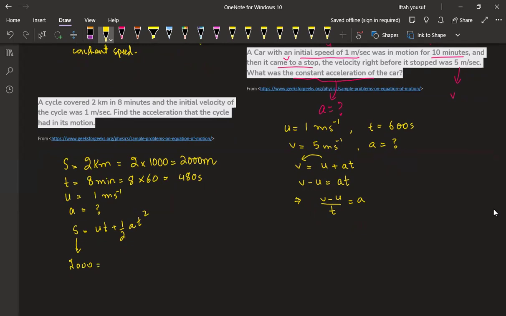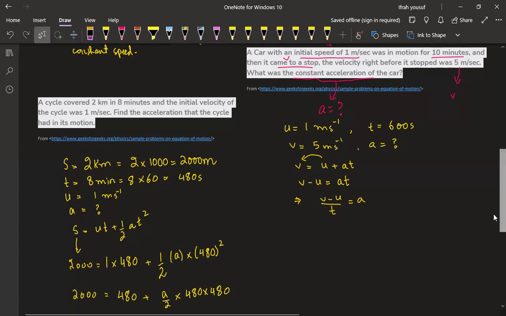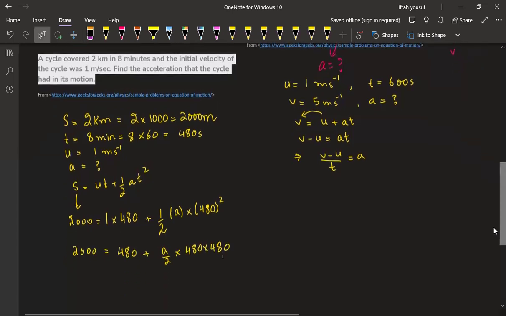Then the initial velocity times the time in seconds, which is 480 seconds, so 1 times 480, plus 1/2 times a times 480 squared. Am I doing it the same way? Yes.